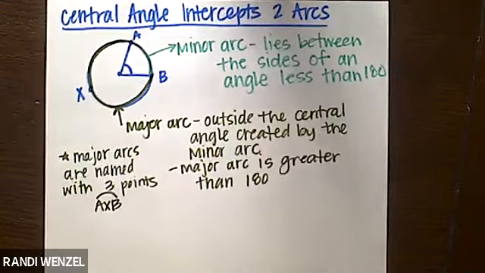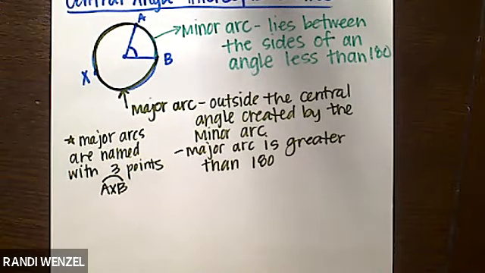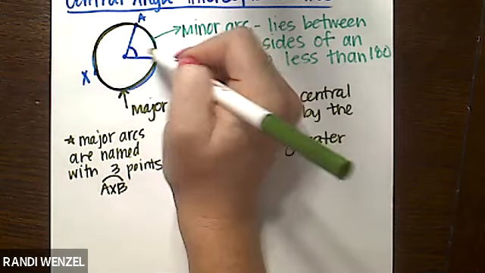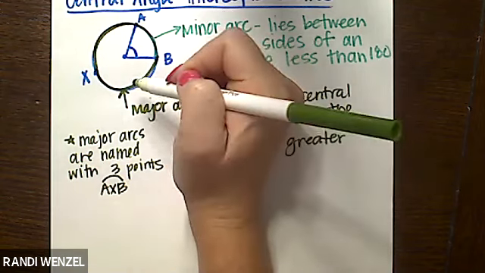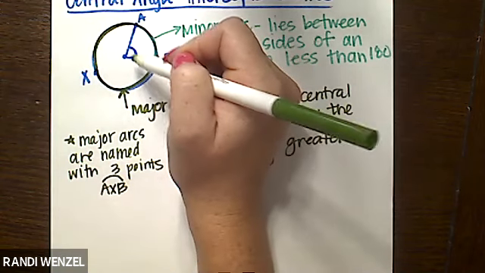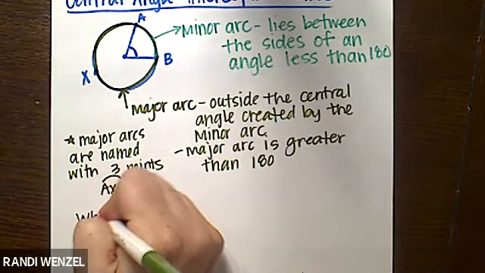Now, what happens if it's exactly 180? Right now this central angle is less than 180, which means this arc is less than 180. But what happens if this central angle was 180? Because that means something too.